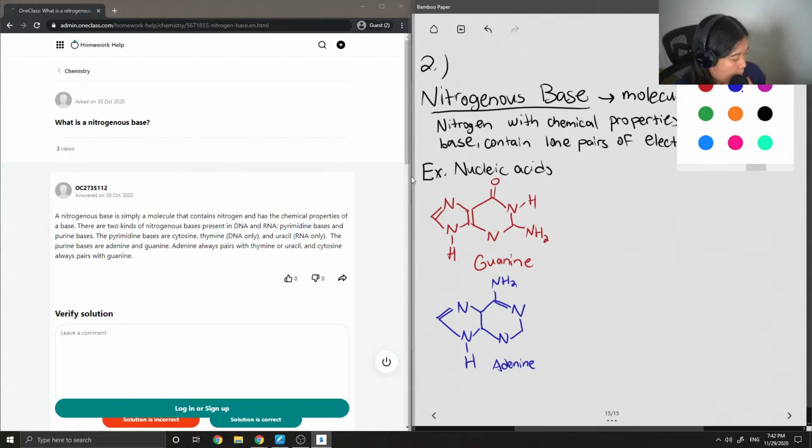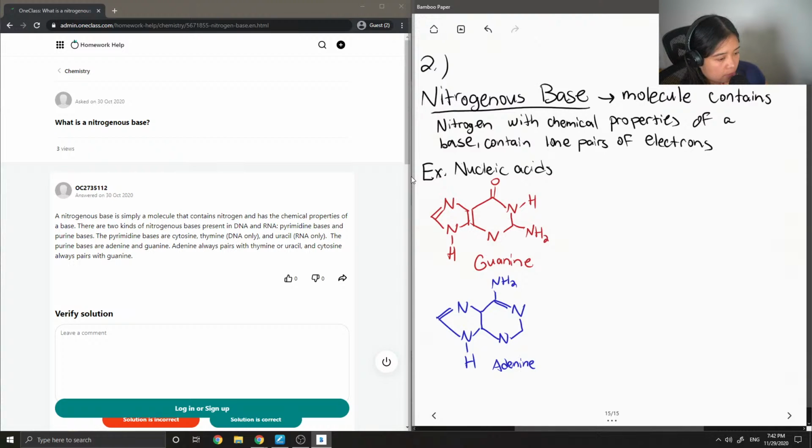So these two are examples of purine. And we know that because they have two rings in their structures.